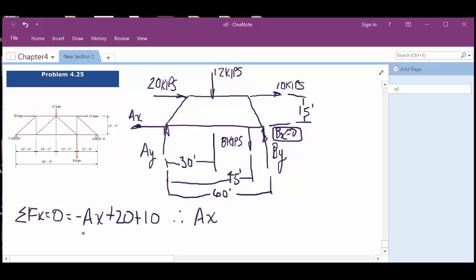So it becomes positive. So AX equals 30 kips. We said it was going to the left. It came out a positive value. Therefore, it is going to the left. Okay. This time we guessed right. Last time I just screwed it up so we couldn't guess right.